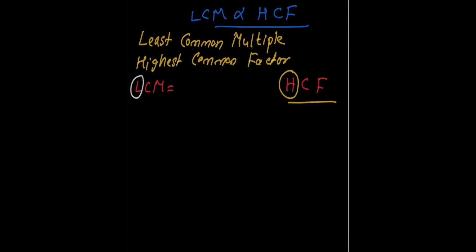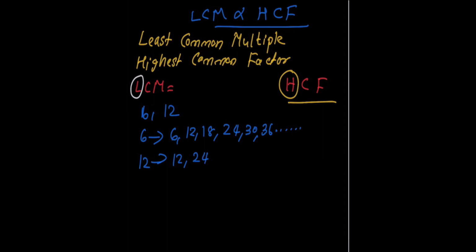So let's do it with the help of an example. Find the LCM of 6 and 12. First, list out the multiples of 6: 6, 12, 18, 24, 30, 36 and so on. Multiples of 12 are 12, 24, 36, 48, 60, 72 and so on.